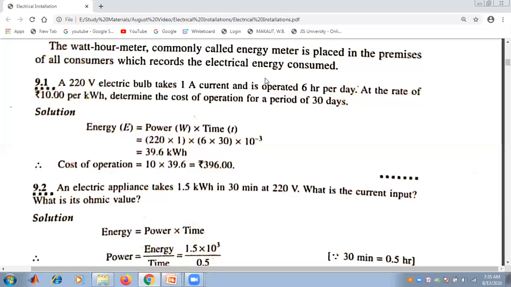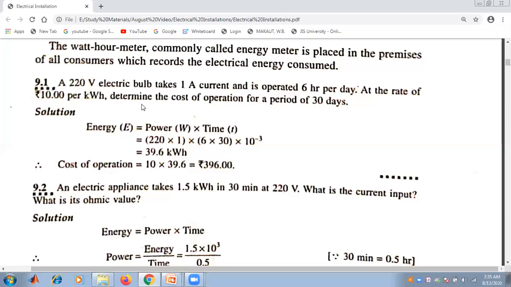So 6 into 30 multiplied by 10 to the power minus 3 gives 39.6 kilowatt hour. That is the energy consumed.